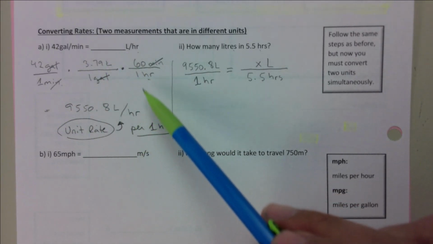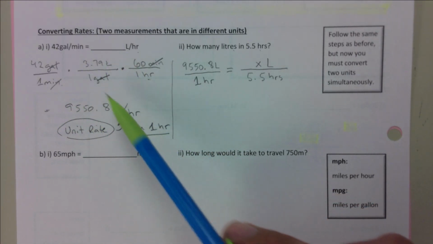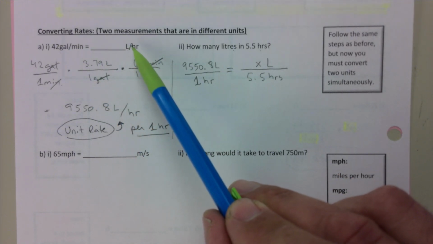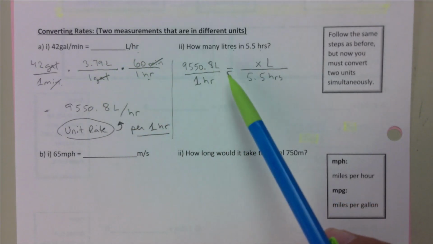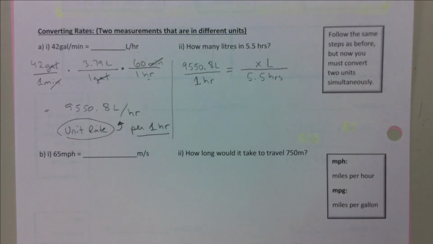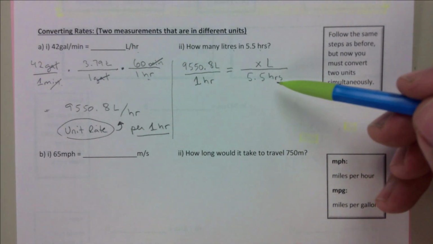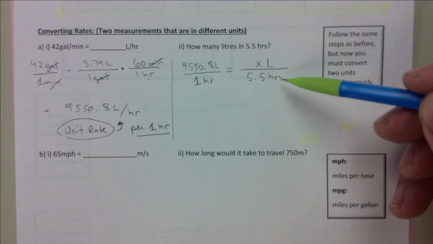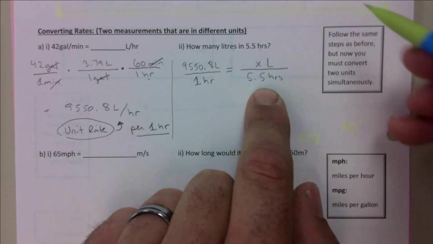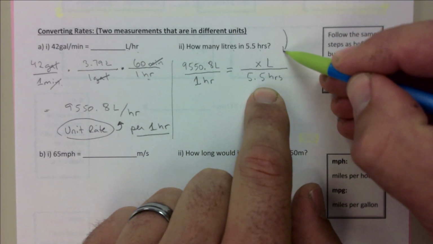Here, we are converting from gallons to minutes, liters to hours, liters per hour, right? We're converting. Over here, we're not converting. We're answering a question, right? We're answering, hey, how many liters would you have in 5.5 hours, or 10 hours, or 20 hours, or 24 hours, right? I set up a proportion, okay? So this is a proportion.